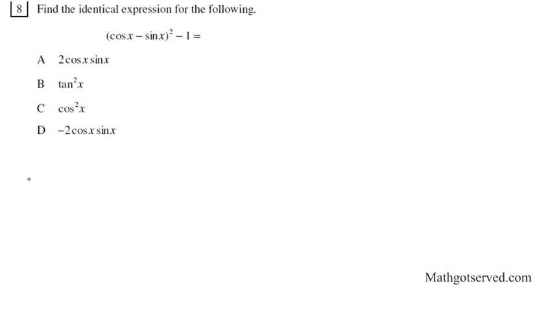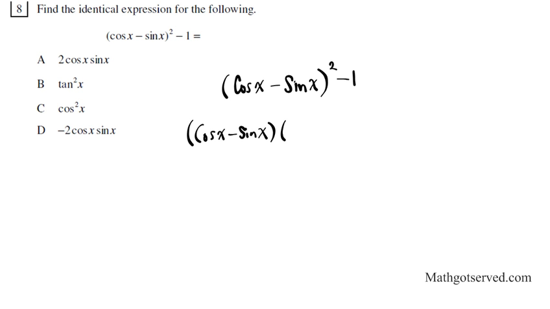Okay, number 8. It says find the identical expression for this expression right here. So we have cosine x minus sine x, the whole quantity squared, minus 1. Let's follow this out using the properties of algebra. So we have cosine x minus sine x multiplied by cosine x minus sine x, minus 1.